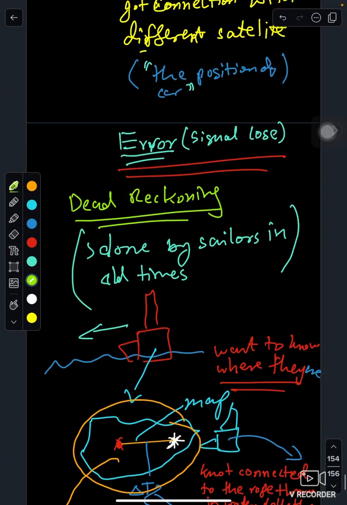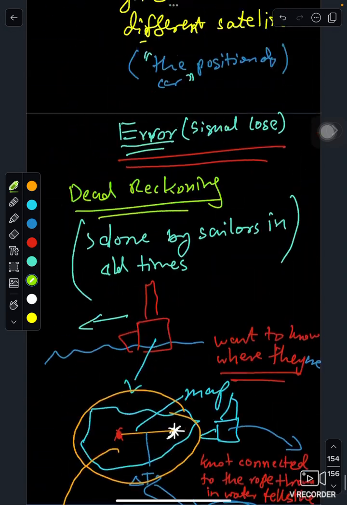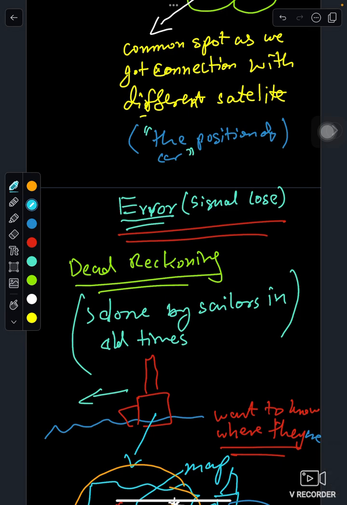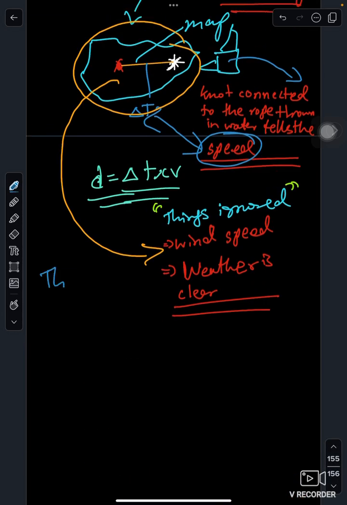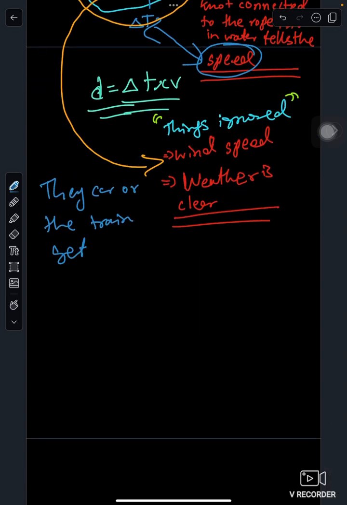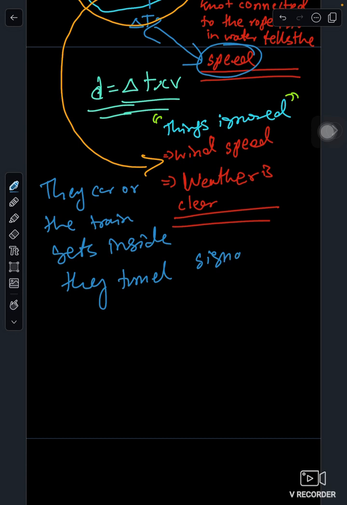So yeah, this happens. When can it happen nowadays as well? When the car or train or whichever uses navigation gets inside a tunnel, the signal is lost.